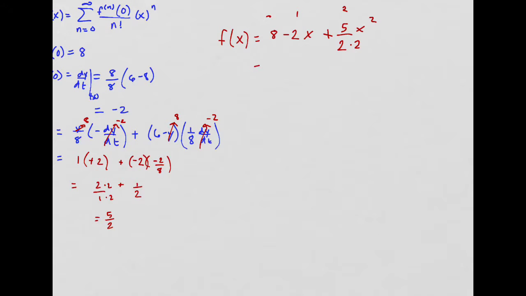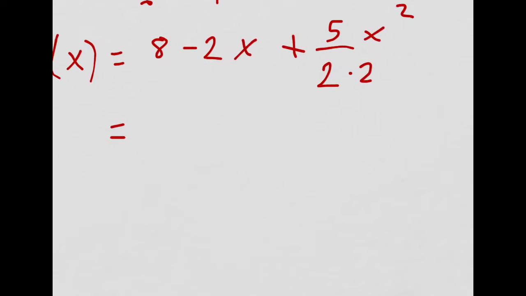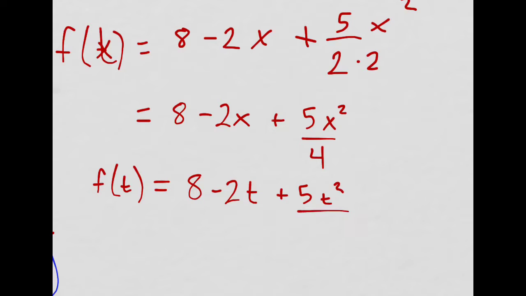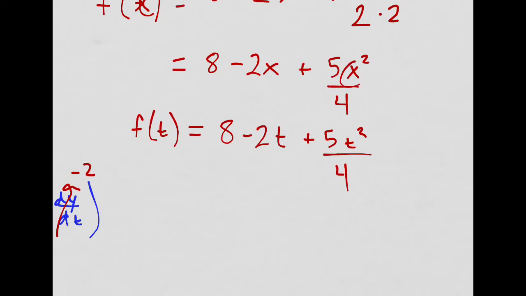So I get 8 minus 2x plus 5x squared over 4. However, it is t. It says to approximate f of t, so I should have written 8 minus 2t plus 5t squared over 4. I don't think you'd get points marked off if you had x in there instead.